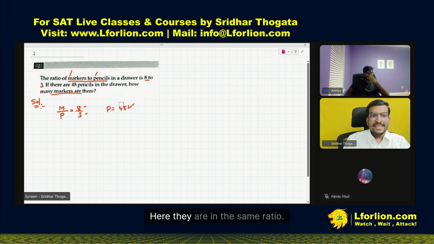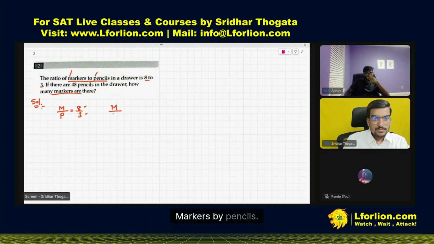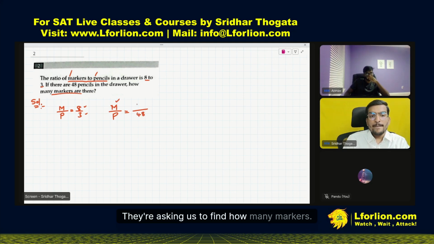Here they are in the same ratio. So I'll write again, markers by pencils, equals, they gave pencils to us, which is 48. They did not give markers. They're asking us to find how many markers, so just consider X. Why am I doing it this way? They clearly mentioned they are in this ratio only.